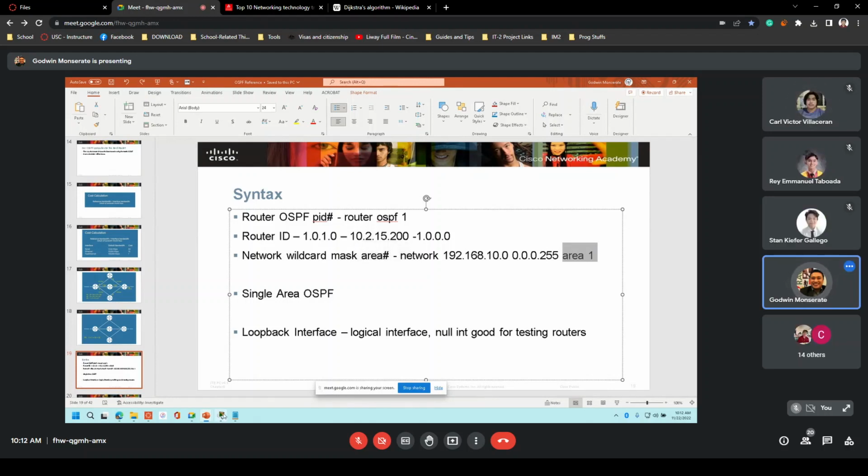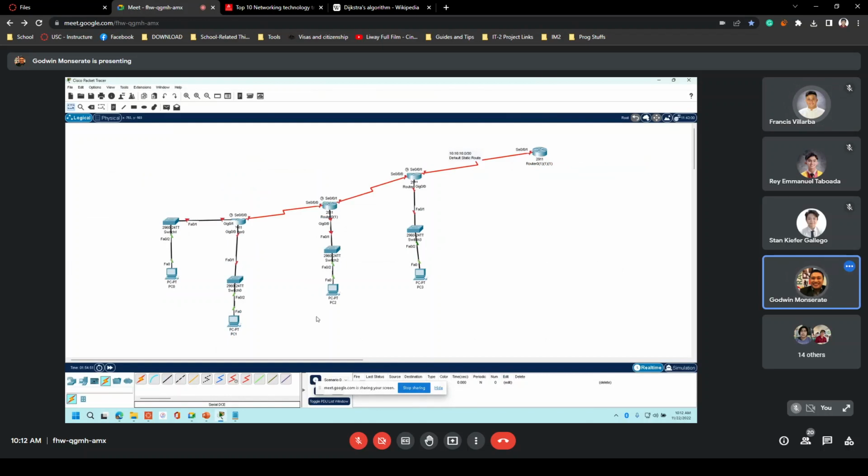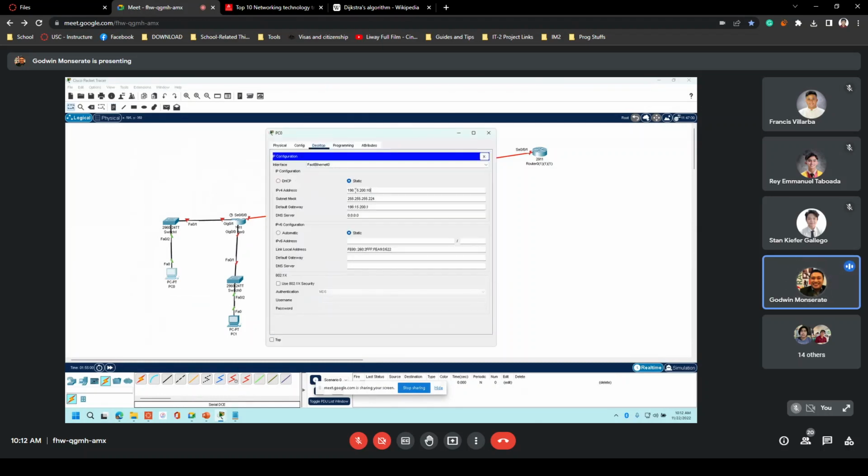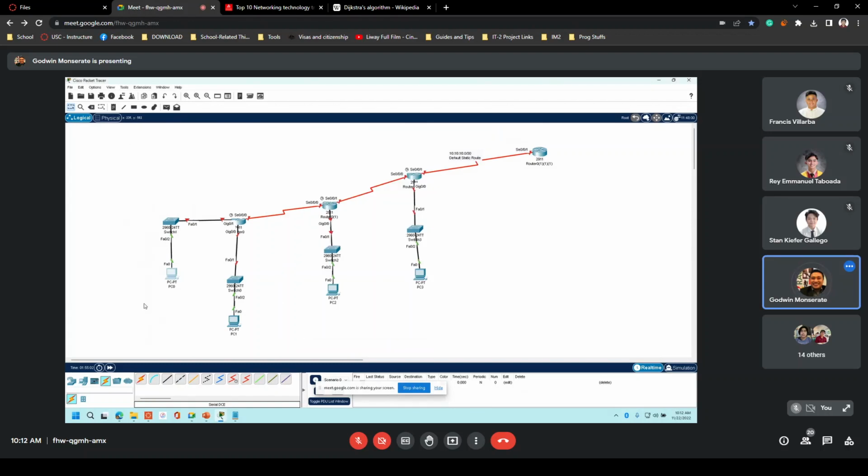So let's implement it and see. Let's say for example this one. Okay? We will just follow this addressing so we can do IP addressing. So 200, let's say for example this is the address. This is the next address, 32.